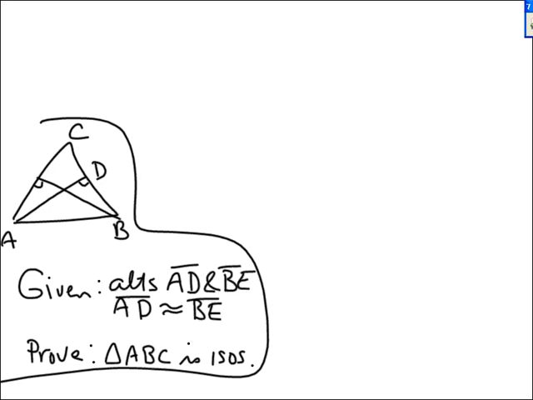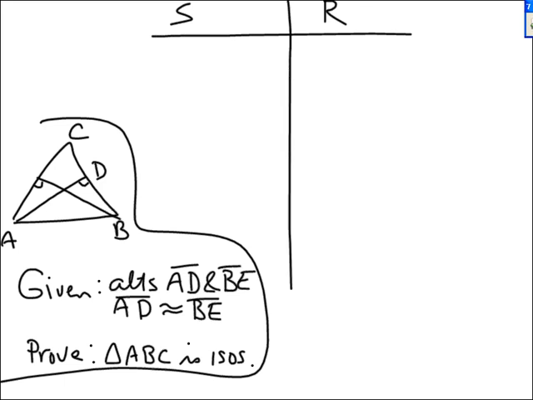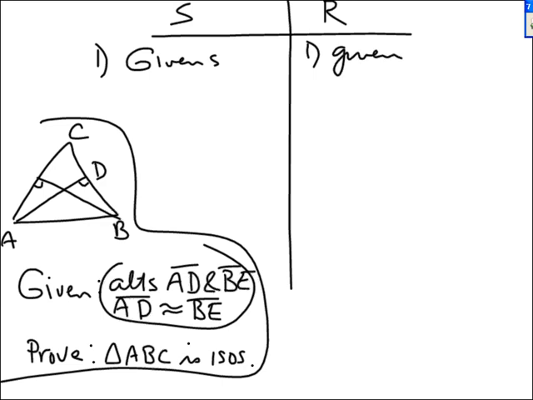Let's prove it. So, statements and reasons. Whenever you notice a pattern in mathematics, try to prove it. Sometimes you find out it wasn't true after all. Statement 1, it's the givens. The reason, it was given. You're given the givens.